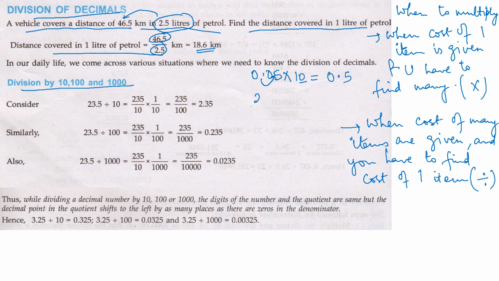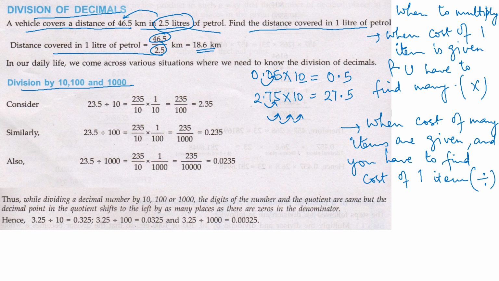If it was 2.75 into 10, then what was happening? The decimal was shifting one place to the right, so it was 27.5. Fine. So the decimal was shifting to the right, one place, two places or three places, as many zeros as there were.